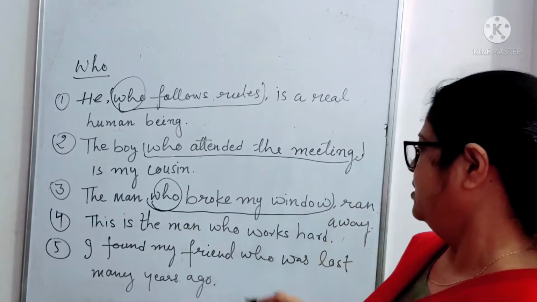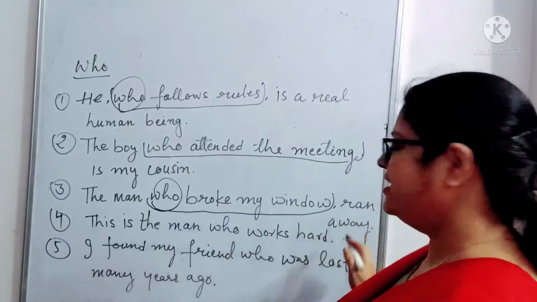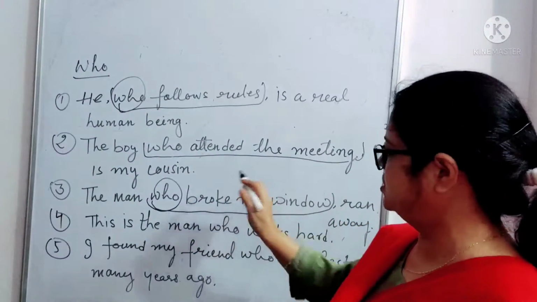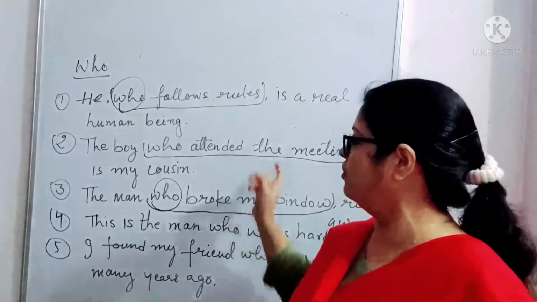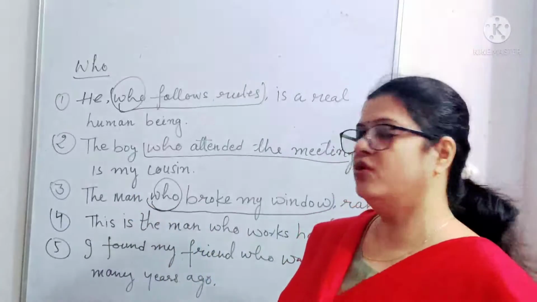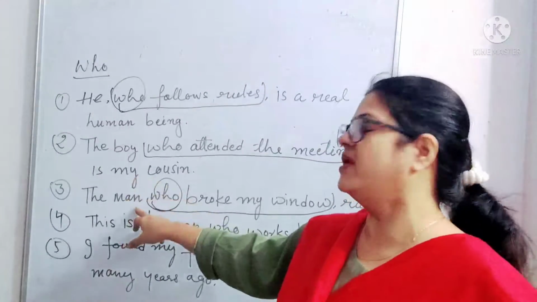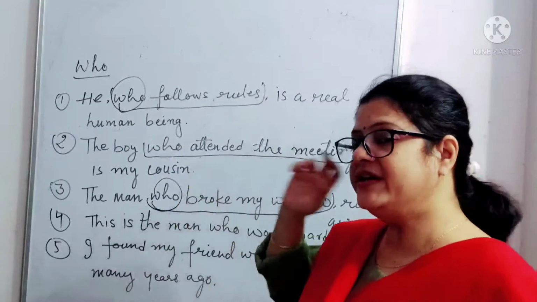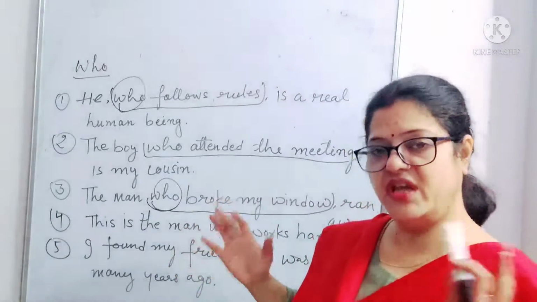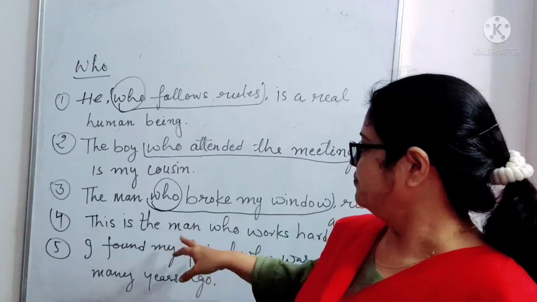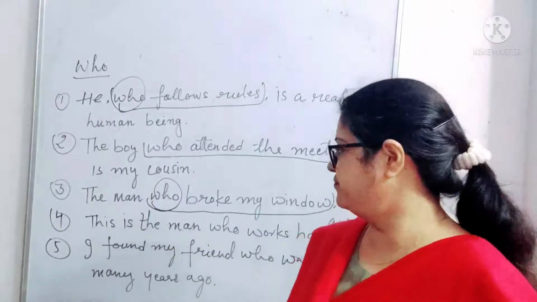So "the man ran away" is the independent clause, and "who broke my window" is the subordinating adjective clause, which is describing this man in the principal clause. That is why it has just come after "man." We know that this relative pronoun "who" always comes in the place of a subject, so it describes this man.